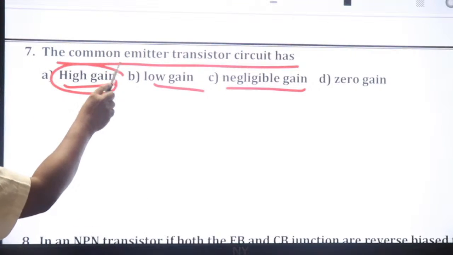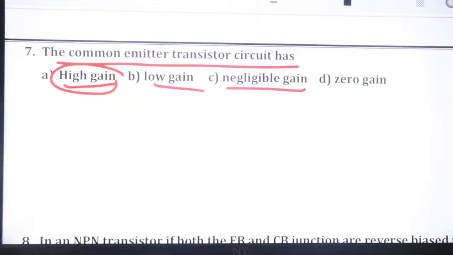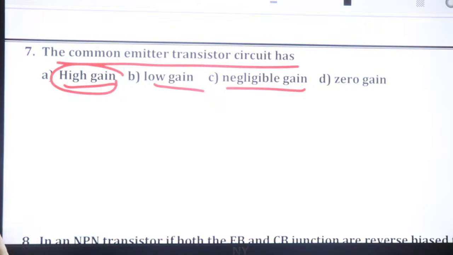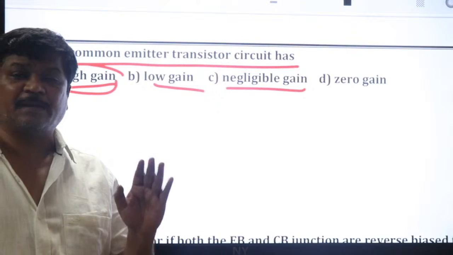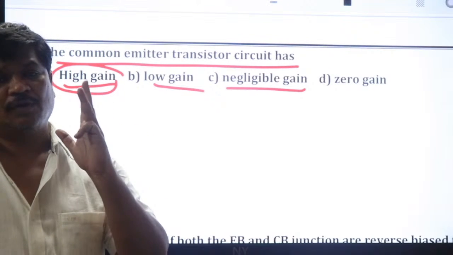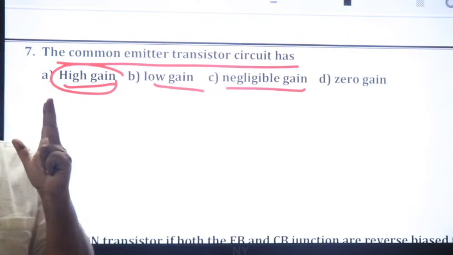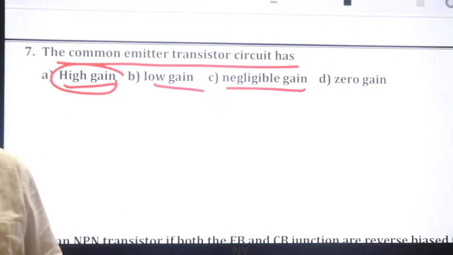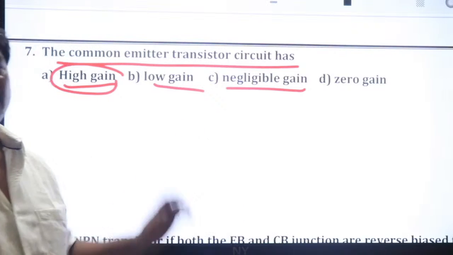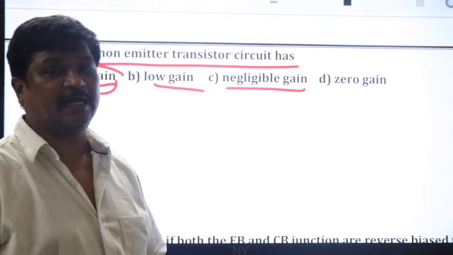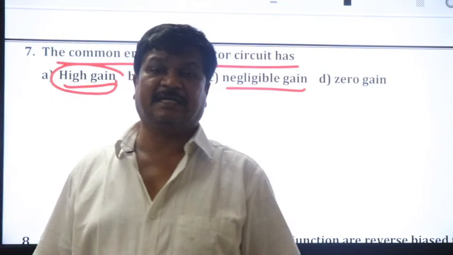Which gain is more in the common emitter configuration? Generally in the common emitter configuration, current gain is high, voltage gain is high, and power gain is highest.